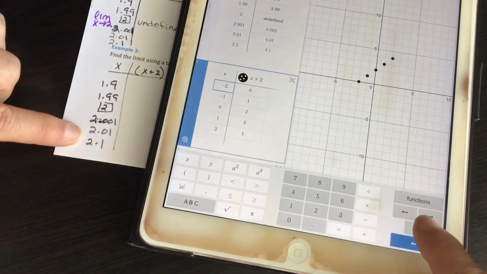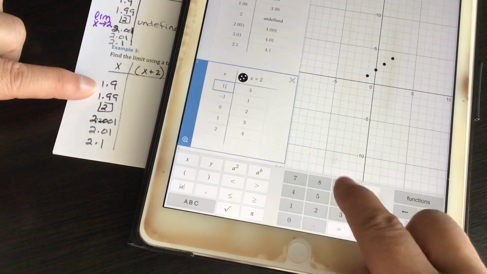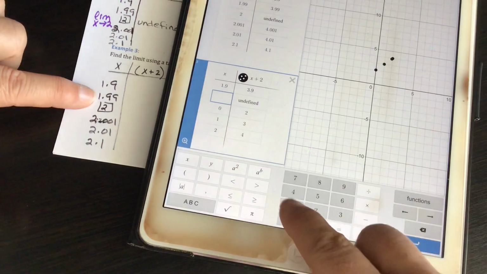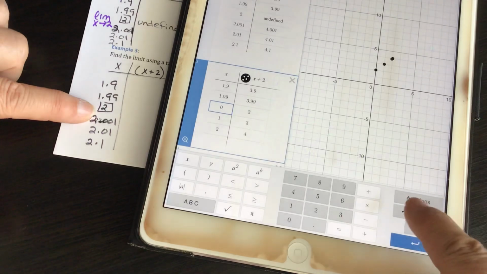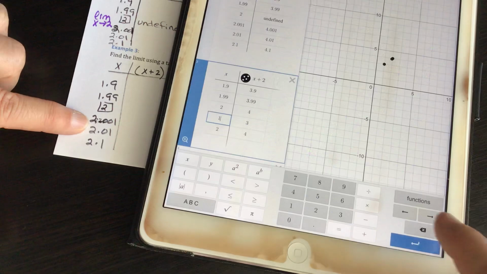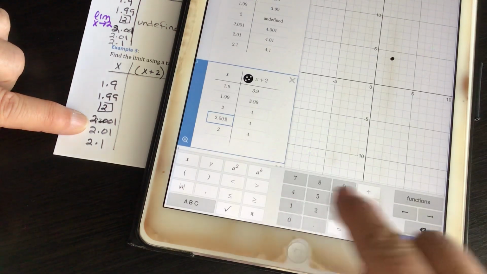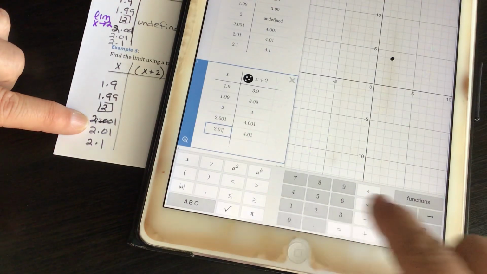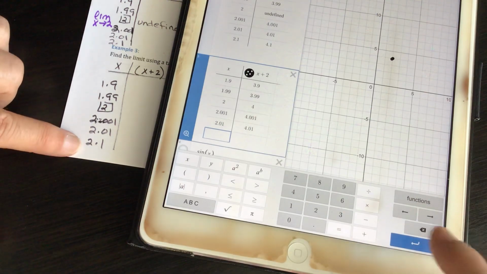Okay, but here I want these values in for x. So I'm just going to delete what's here and type over them. So I want 1.9, and then I want 1.99, and then I want 2, and then I want 2.001, and then I want 2.01, and then in the next one, there's nothing there, I just tap down, I want 2.1.